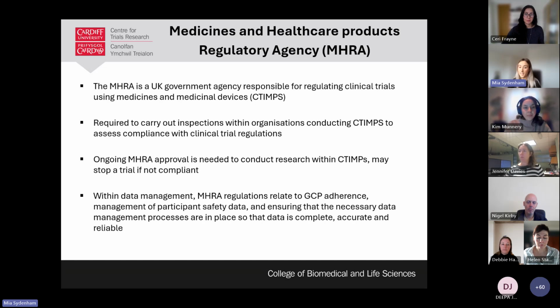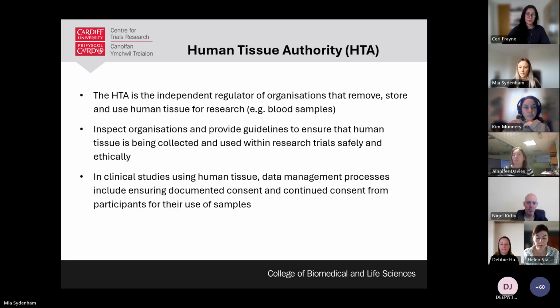Ongoing approval is needed from them to conduct research within CTIMPs, so they may stop a clinical trial from continuing its processes if they aren't compliant. Within data management, MHRA regulations relate to GCP adherence, management of participant safety data, and ensuring that the necessary data management processes are in place so that data is complete, accurate, and reliable.